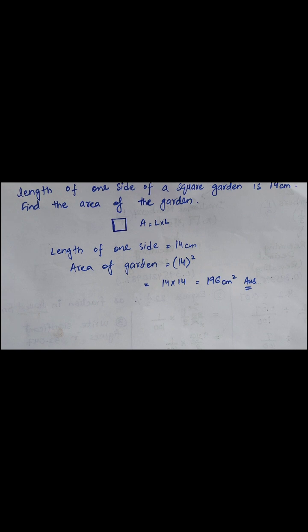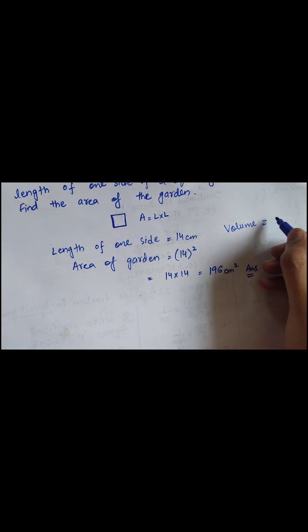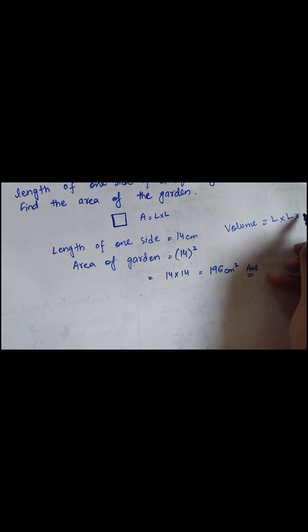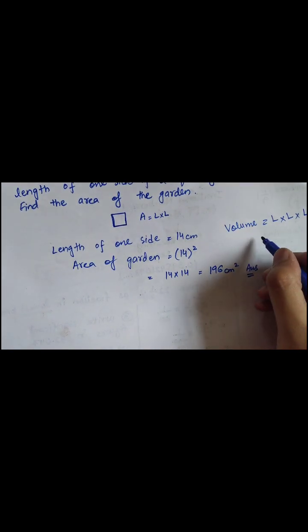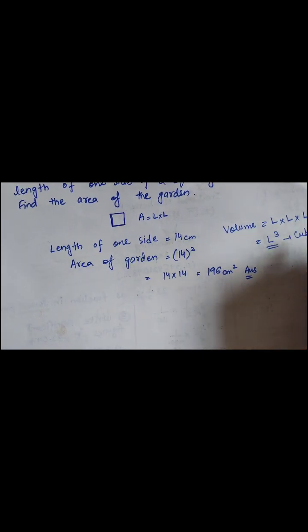Similarly, if a question comes where you have to find the volume, you know volume is length multiplied by length multiplied by length. It means length is 3 times, so you have to take the cube of the given length. So you can find the volume of a given container, whatever it is.